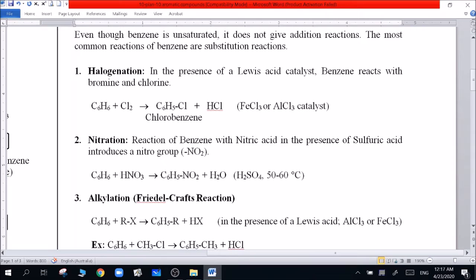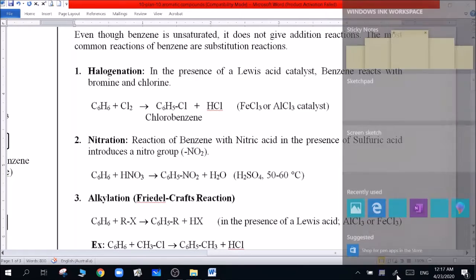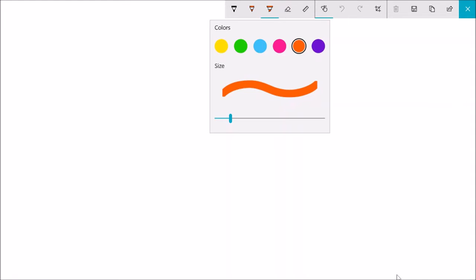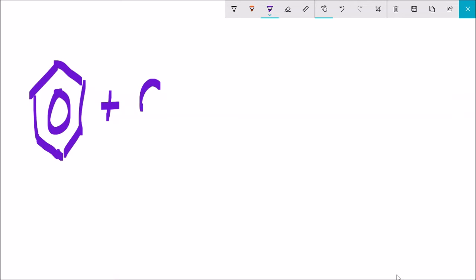So now let's write the reactions. What happens? You have the benzene ring, 6 carbon, 6 hydrogen, and you are going to add halogens: fluorine, chlorine, bromine, but chlorine and bromine are common. We are going to add Cl2.